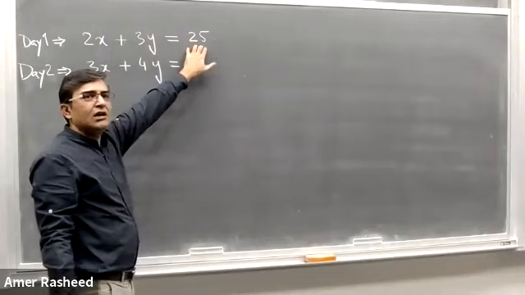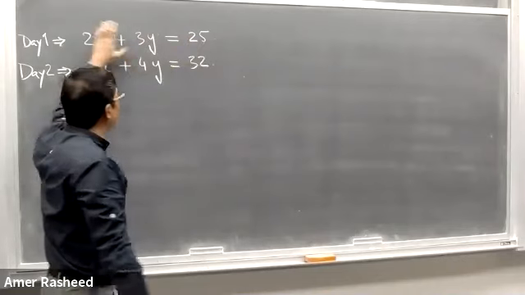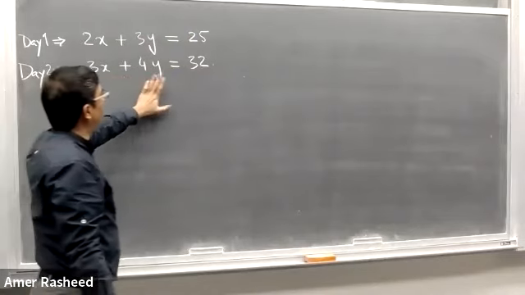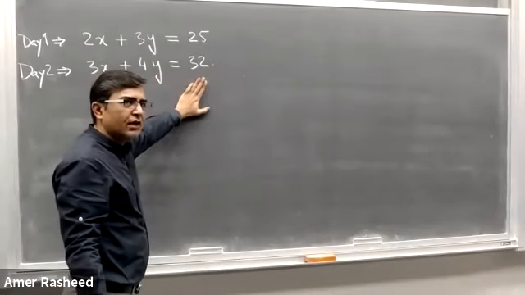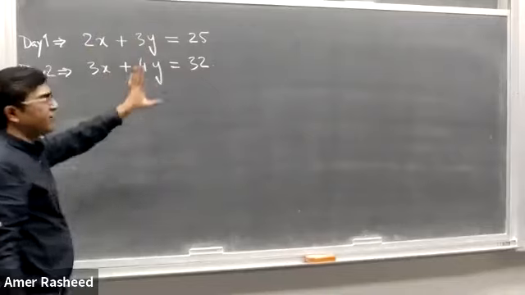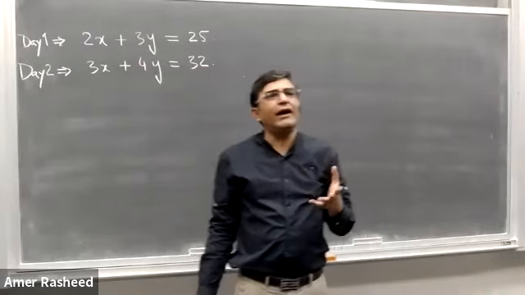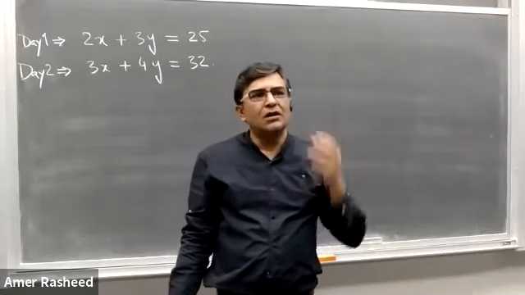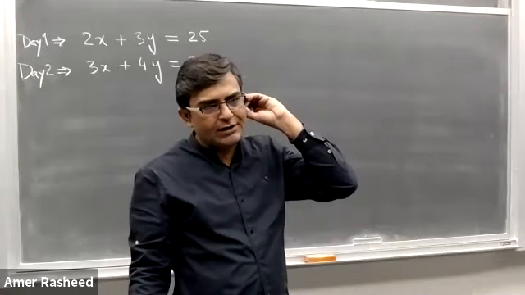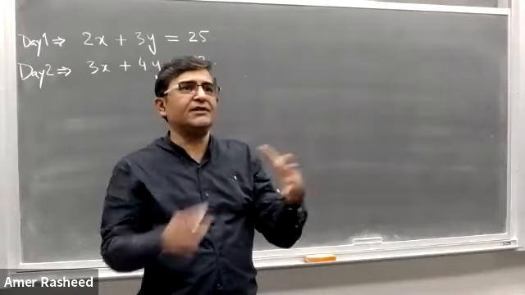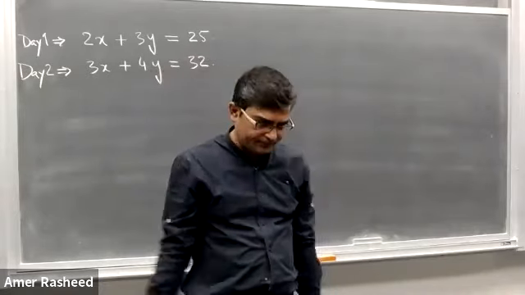On day two, he charged you 32 rupees for 3 bananas and 4 apples. You want to calculate the amount the shopkeeper charged for the bananas and apples separately on both days.